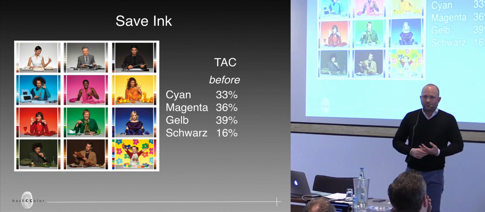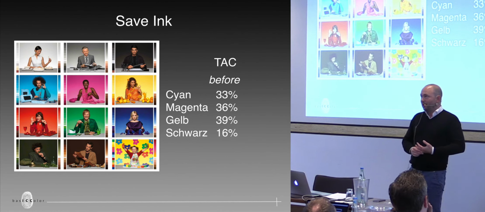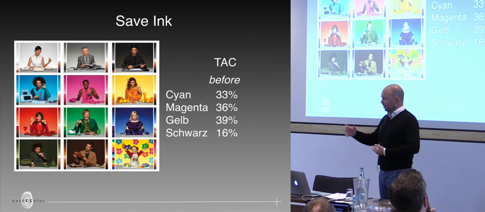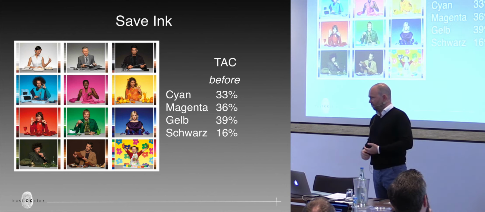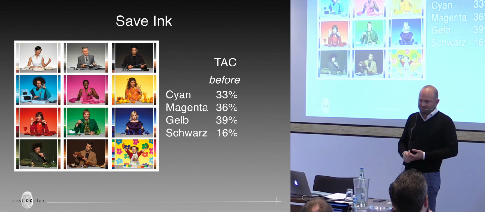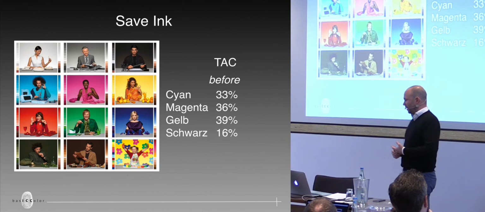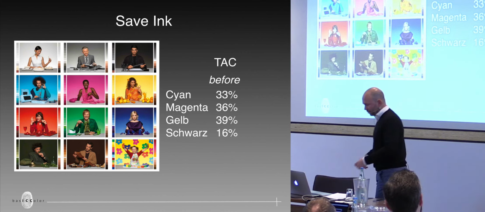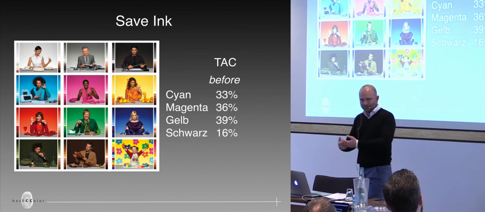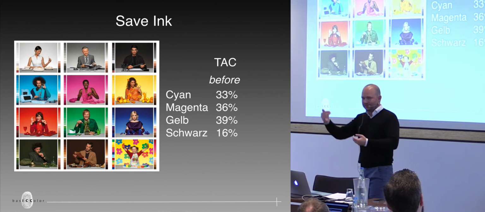Now, of course, often customers say, okay, now I have a safe ink profile and I save a lot of ink. But that means also that the quality goes down. That's not true. I created, for example, a safe ink profile and I calculated, as you will see now, the delta E.